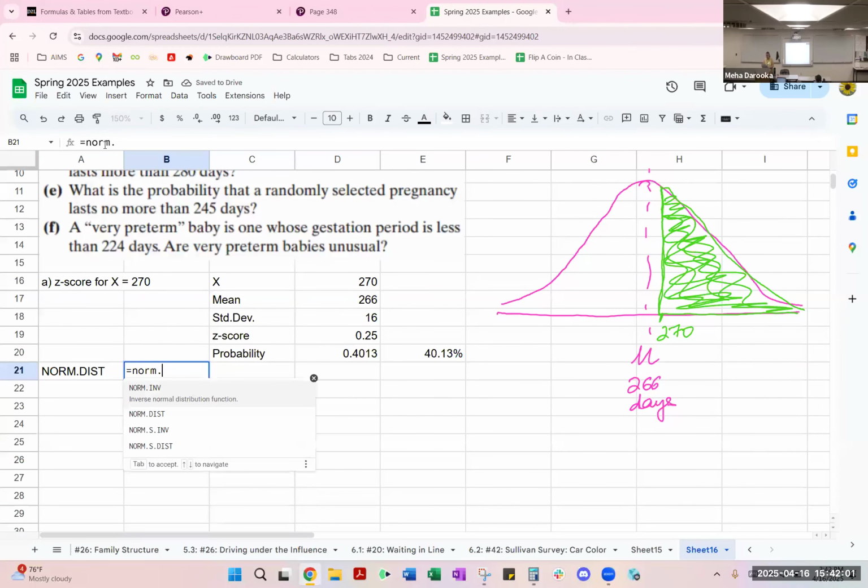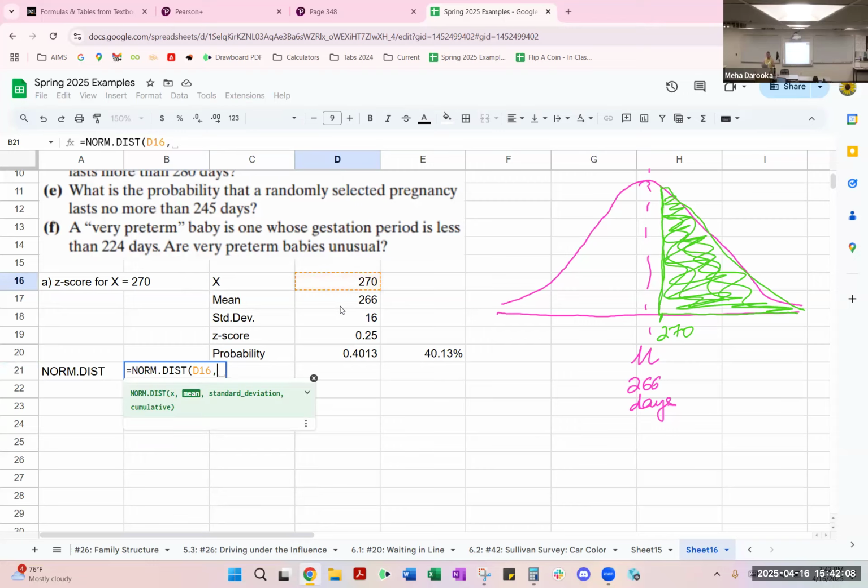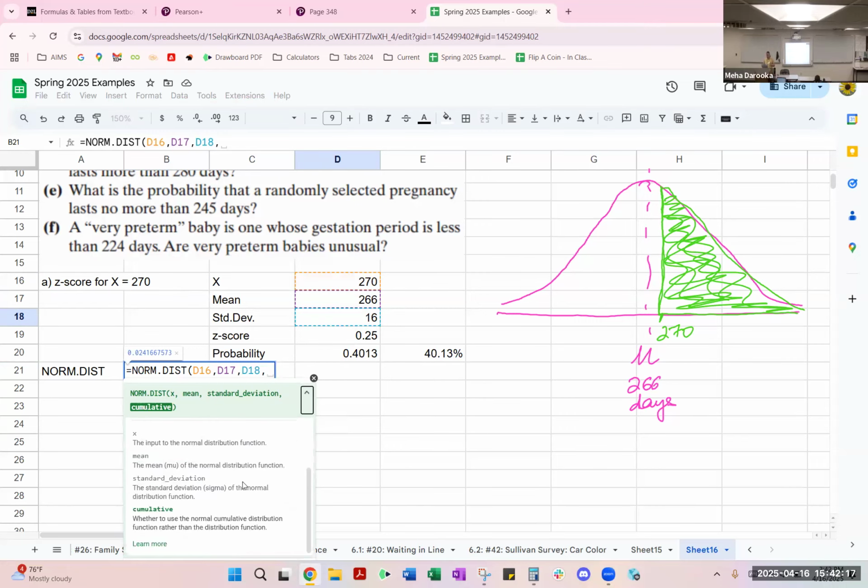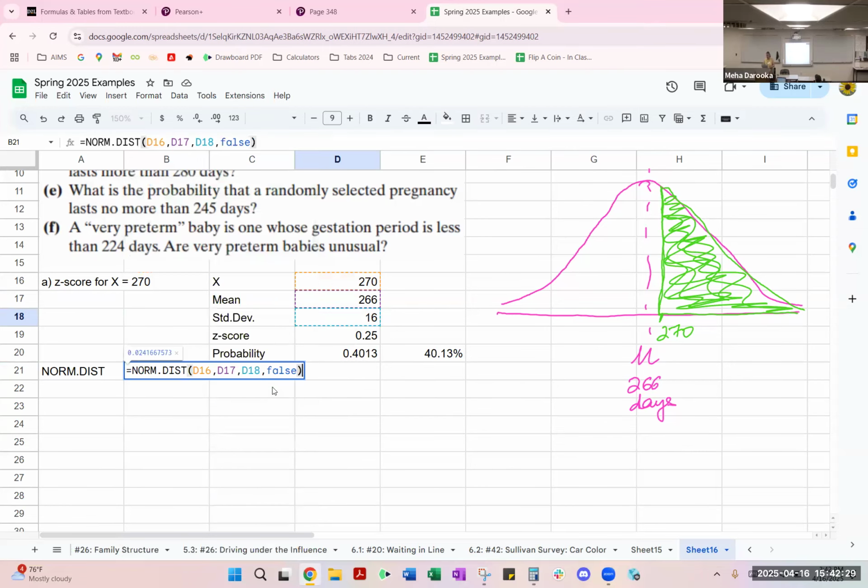So equal to NORM.DIST, and then your x value first, which was 270, your mean, which is 266, and the standard deviation was 16. And for the type, I think it should be false and not true, but let's see what that gives us.